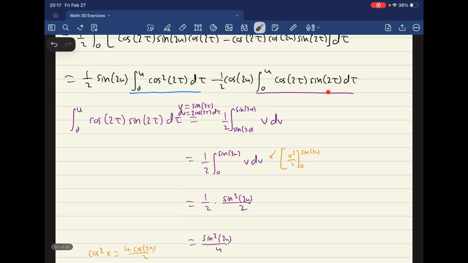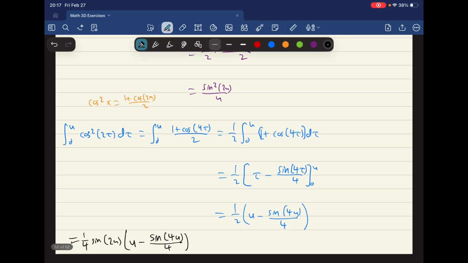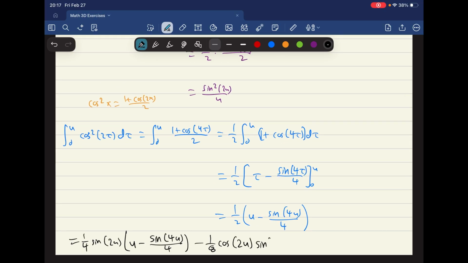And for my other integral, I get minus 1/2 cosine of 2u, but I'm dividing by 4, so that's going to be minus 1/8 cosine of 2u, and then I am multiplying by sine squared of 2u. And this right here would be our final answer for the convolution of the two integrals.